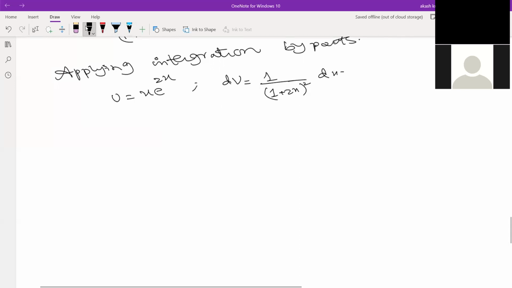Now we have to take the derivative of this function, which will become du. Again, we have two functions, so we will be applying the product rule, sorry, product rule, which is uv bar plus v u bar.